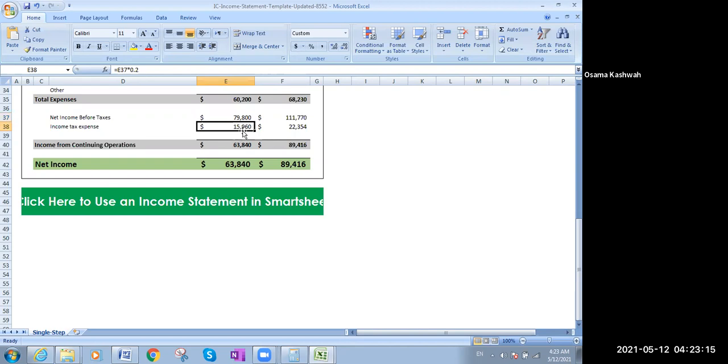It will be E37 times the tax rate, as example, 12%, 13%, or whatever.